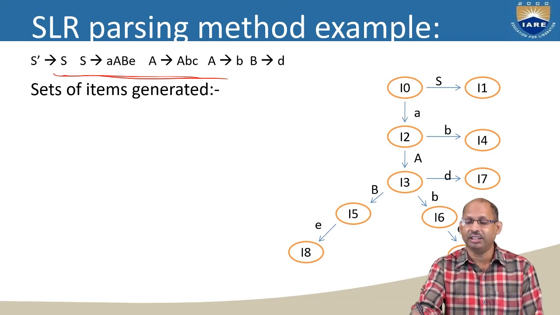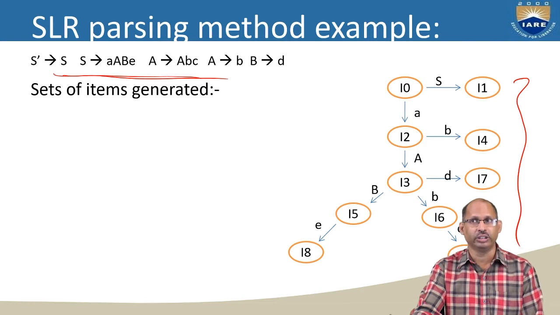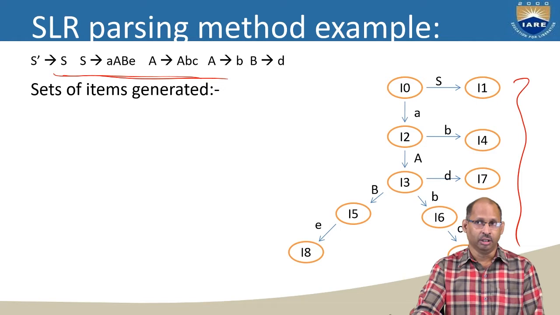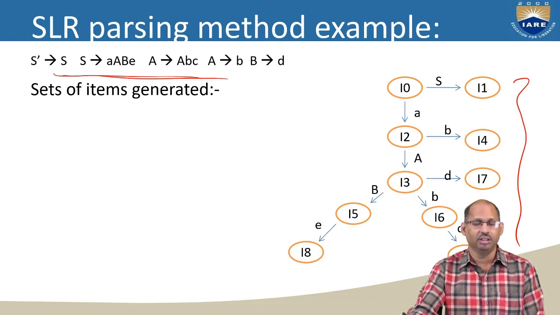I naught on S goes to I1, on A to I2, on B to I4, on A to I3. On E, I8; on C, I9. So this is the DFA for go-to operations.